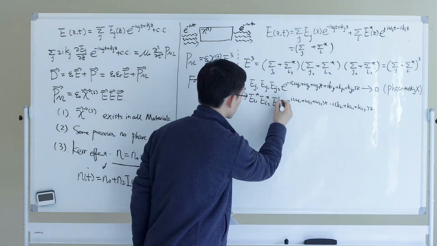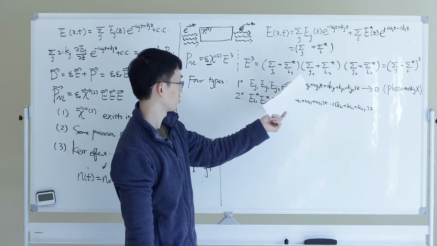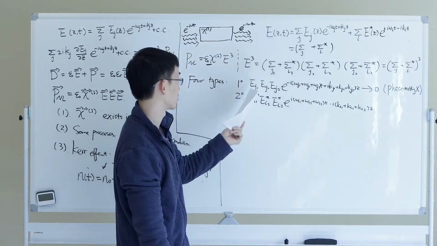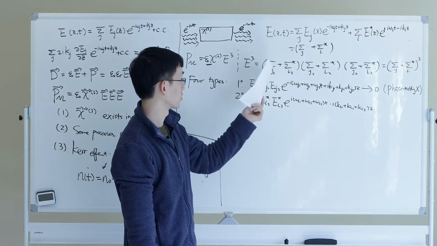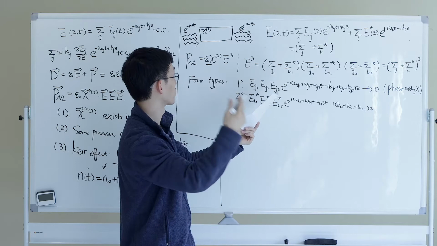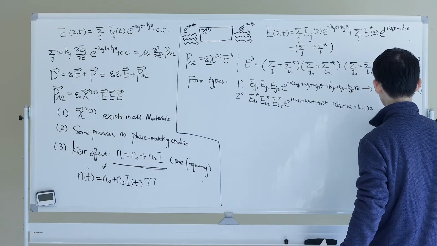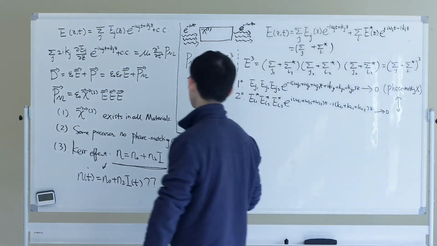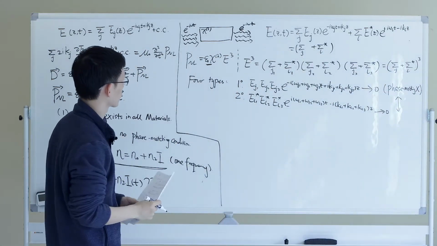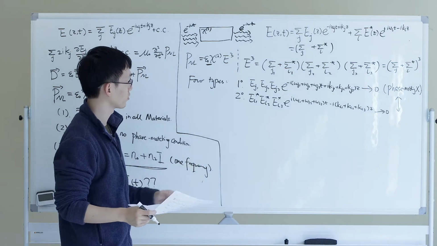Here also conjugate. So as you can see, this is also just a sum frequency, but it's just a conjugate of the previous one since J and L are general indices. It goes from one frequency to another frequency. So this one goes to 0 as well, for the same reason.